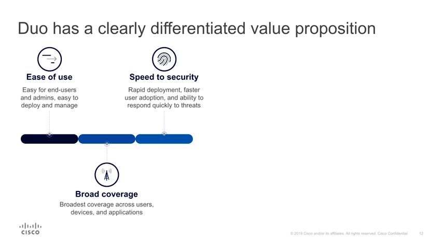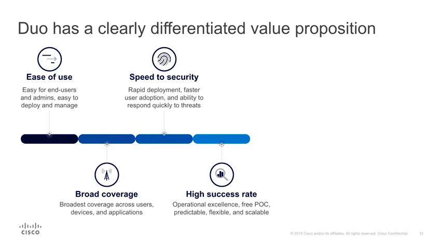Speed to security. Duo is cloud-based and easy to set up for any integration. It can be deployed quickly, and end-user adoption takes only minutes with an intuitive self-enrollment process. And it quickly assesses and reduces user and device risk by responding quickly to threats.